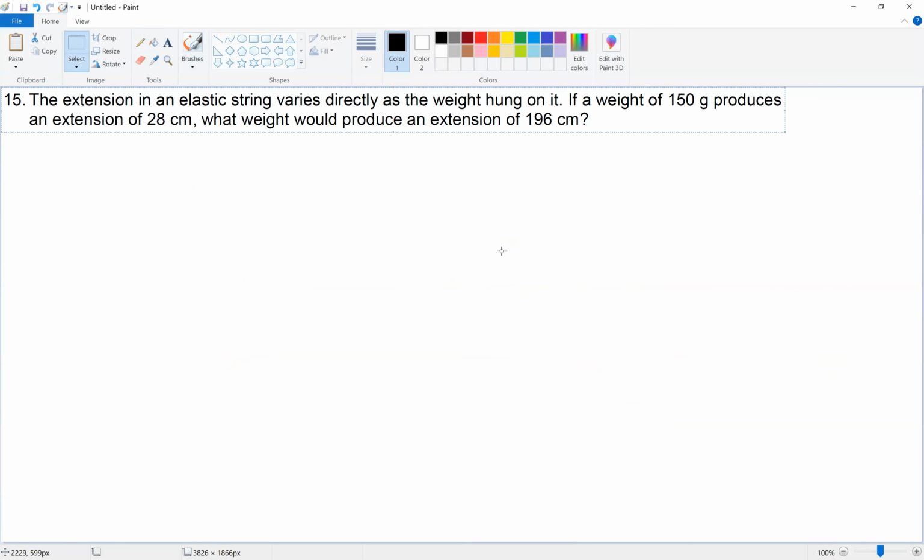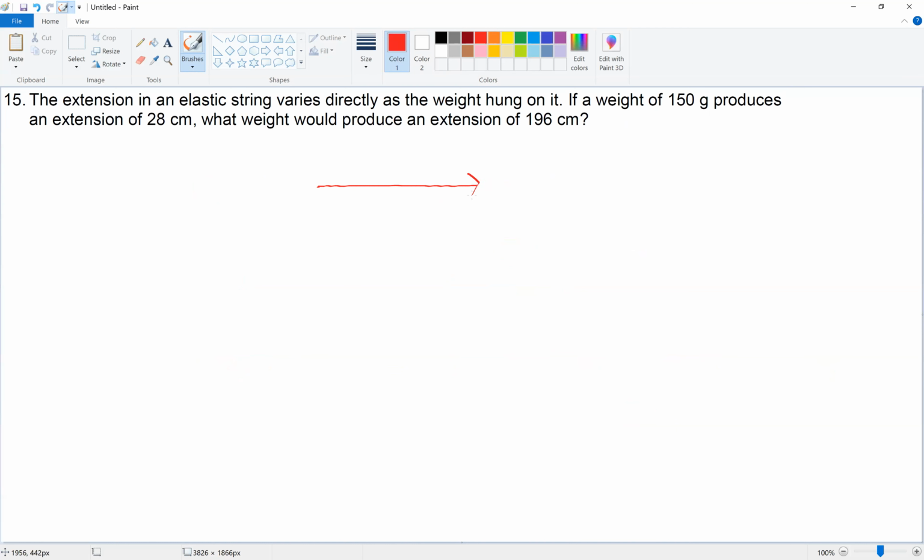Number 15, Ania. I didn't do this one, but I can try. Read the question first. The extension in an elastic string varies directly as the weight hung on it.